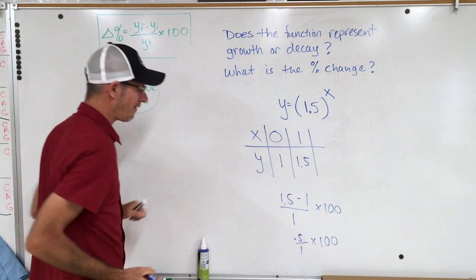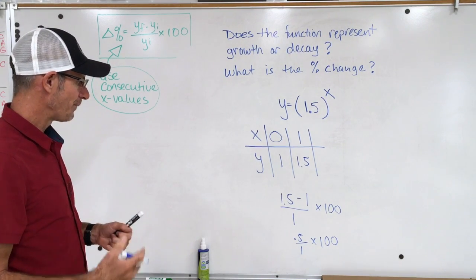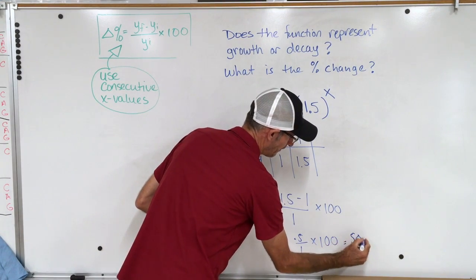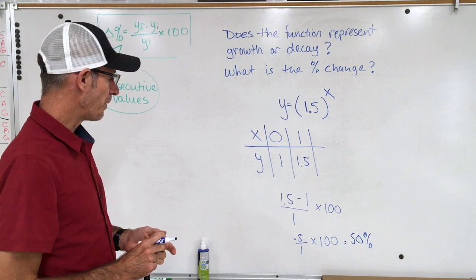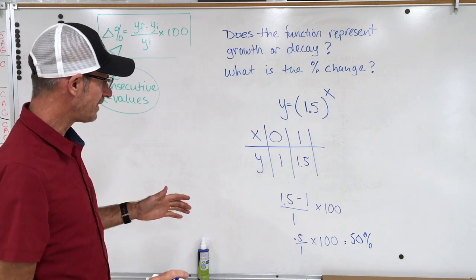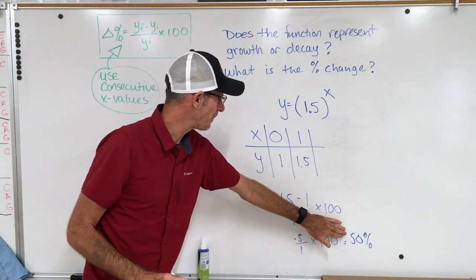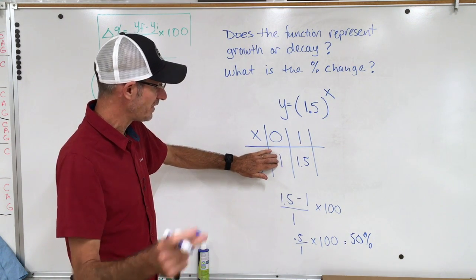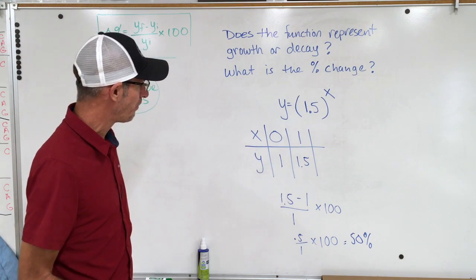So I have 0.5 over 1 times 100, which is 0.5 times 100, which is going to be 50%. So the percent change is 50%, which makes sense. I started with 1, and if the percent change is 50%, I take this 1 plus 50% more, which is half of 1, which would be 0.5. So my total after 1 day is 1.5.